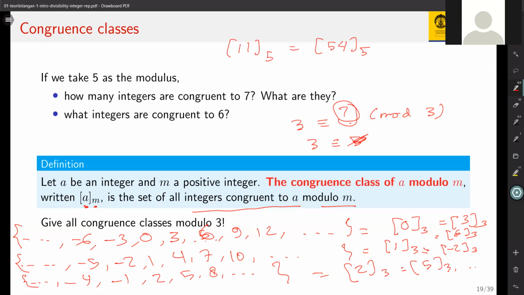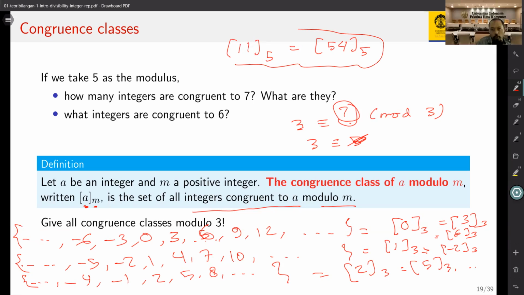True, sir. Is this true? Are you sure? No, sir. False. Right. So this is false, right? Why? Well, because 11 is not congruent to 54 modulo 5. So let's keep that in mind.